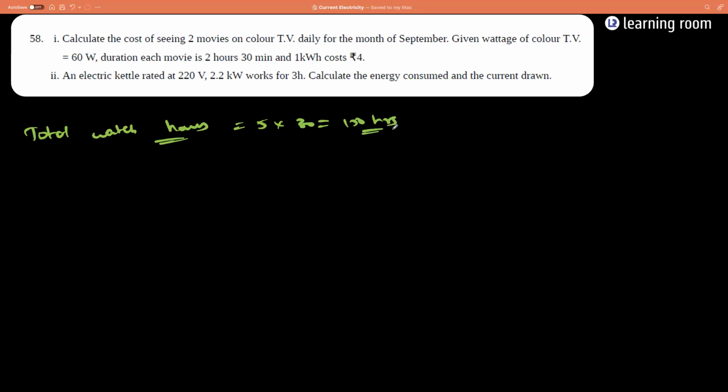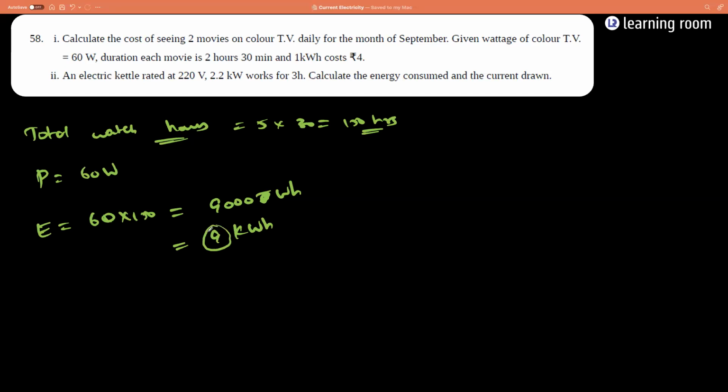Power is 60 watt. Then what is going to be the energy? Power into time, so 60 into 150, which is going to be 9,000 watt hour or 9 kilowatt hour. So it's basically 9 units. So 9 multiplied with the cost of each unit is going to be the cost, that is 36 rupees. Correct.